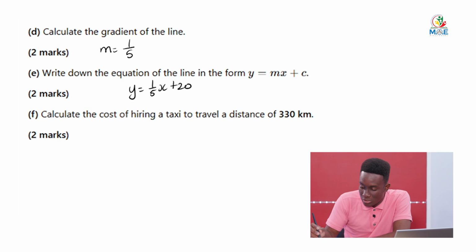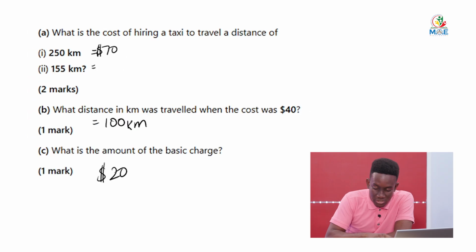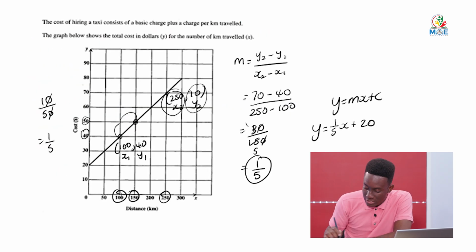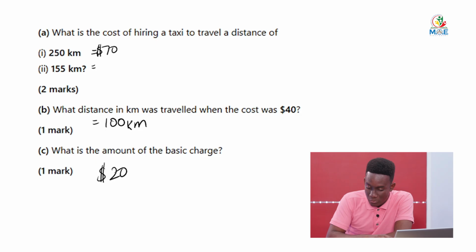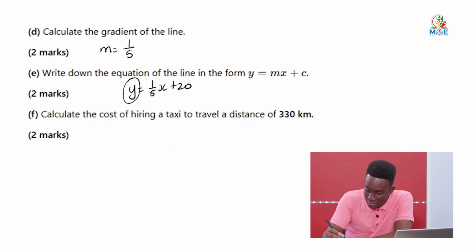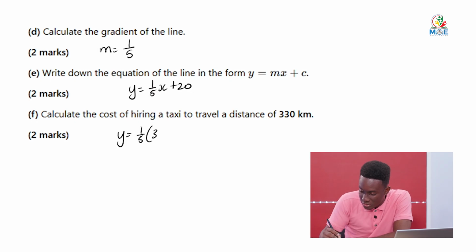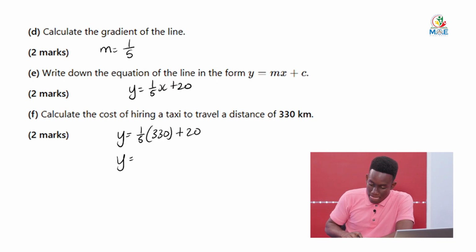And the next part, calculate the cost of hiring a taxi to travel a distance of 330 km. We know the distance, 330, is on the x-axis, and I want the cost, which is the y value. So y is equal to 1 over 5 times 330, plus 20. 330 divided by 5 gives us 66.